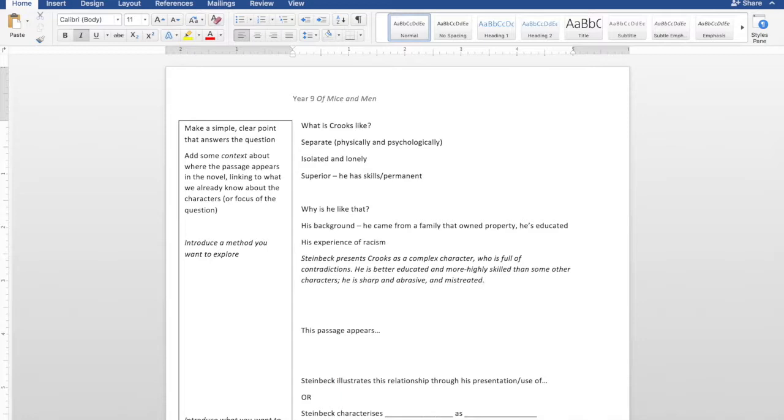Okay, so we can use this now as a way to map out our answer. Steinbeck presents Crooks as a complex character who's full of contradictions. He's better educated and more highly skilled than some other characters. He's sharp and abrasive and mistreated.